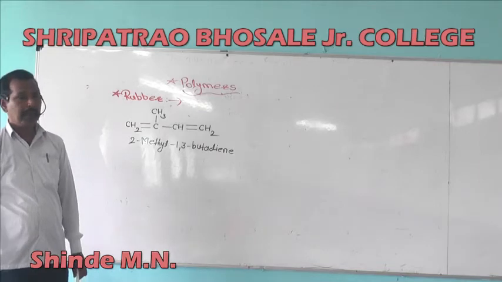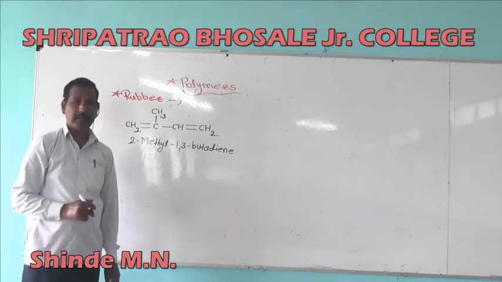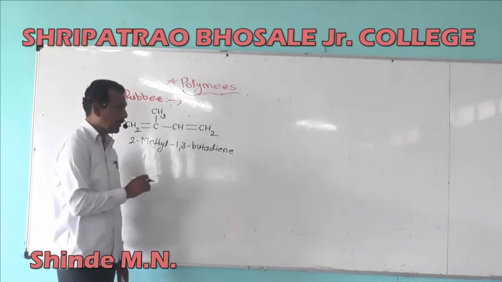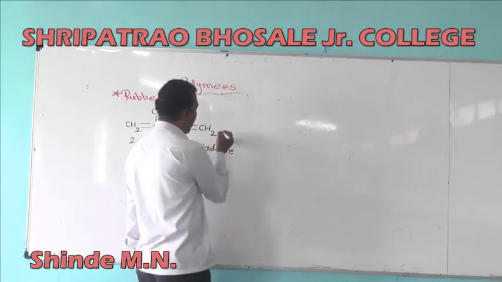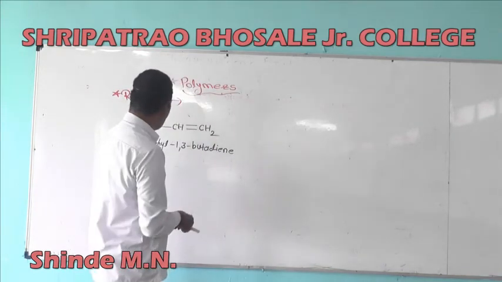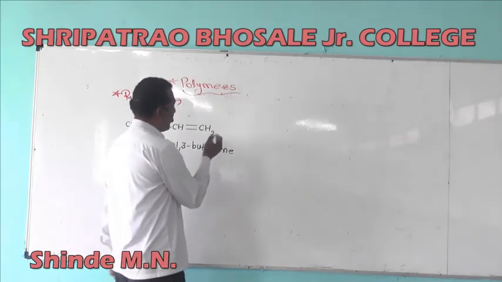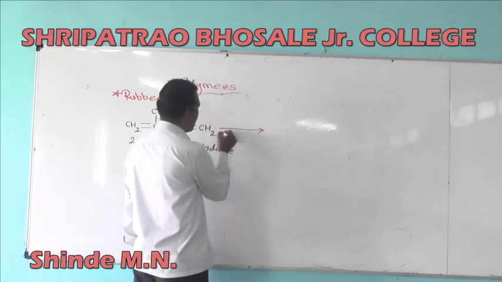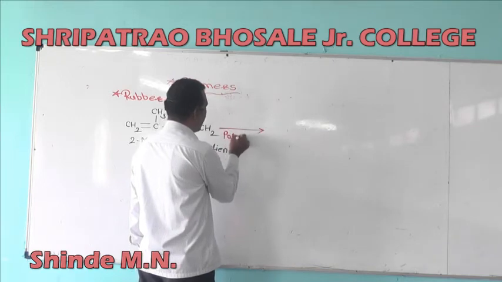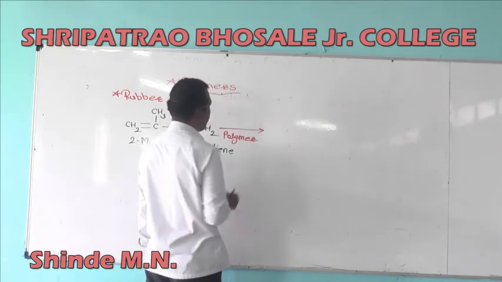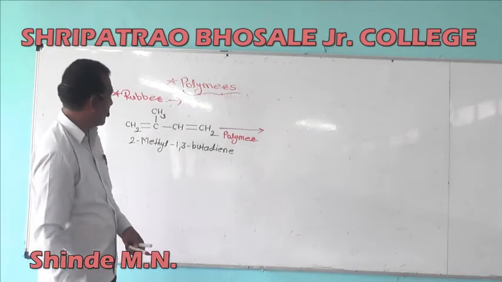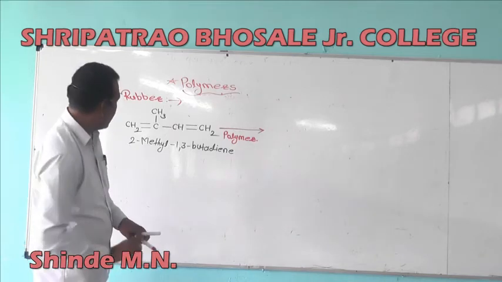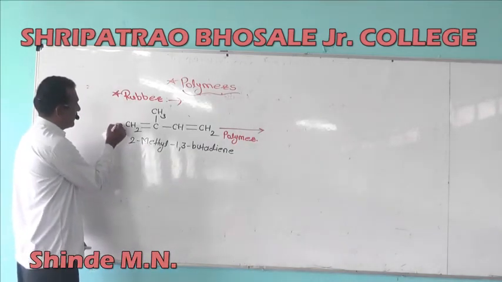Now, how does the formation of rubber take place? By the polymerization process. For example, if we carry out the polymerization of this isoprene unit, we have to take care to take it n times.